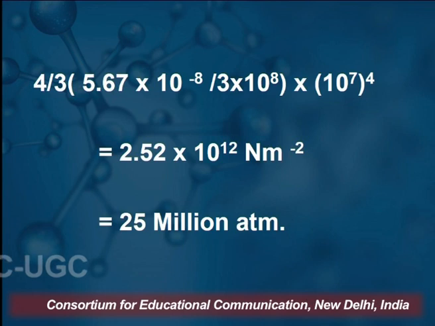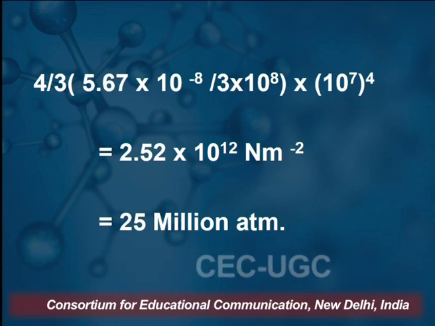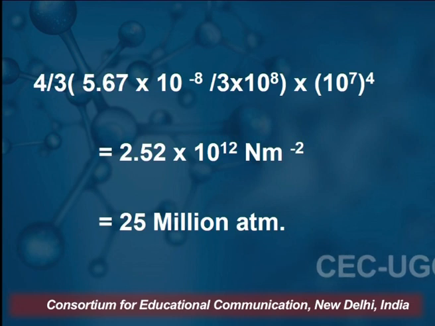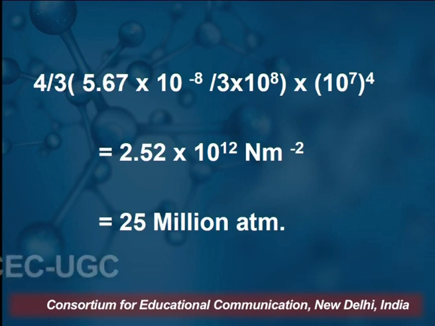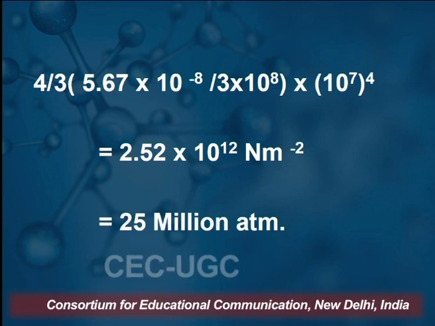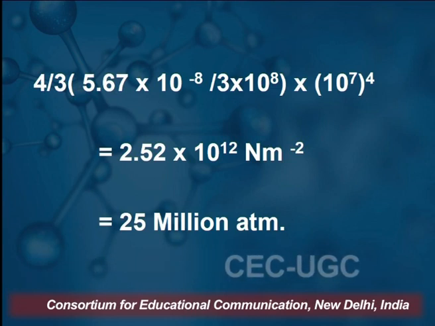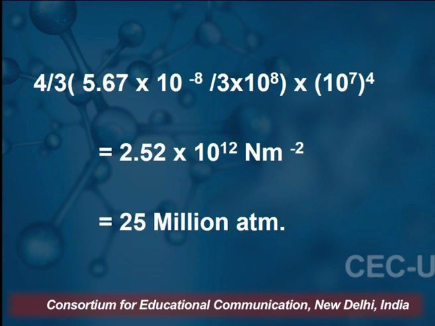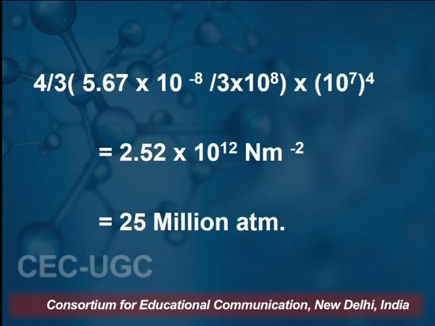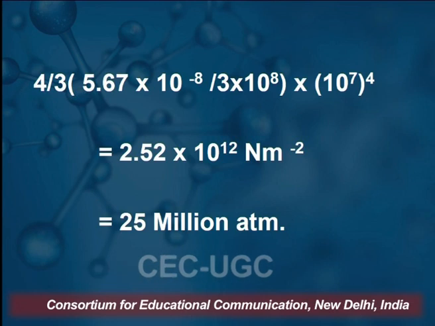So, if we simplify this, we get 2.52 into 10 to the power 12 Newton per meter square, or 25 million atmosphere. By million I mean 10 to the power 6. If we have billion, we have 10 to the power 9.